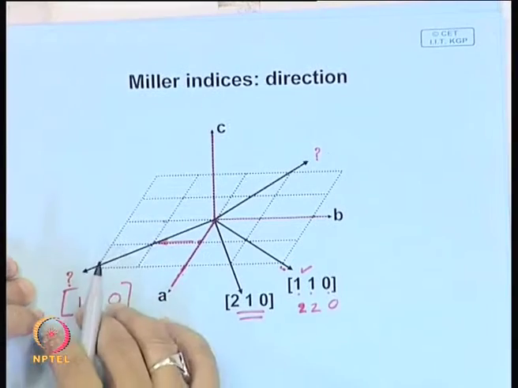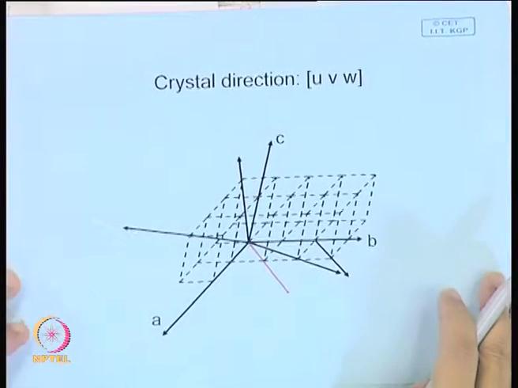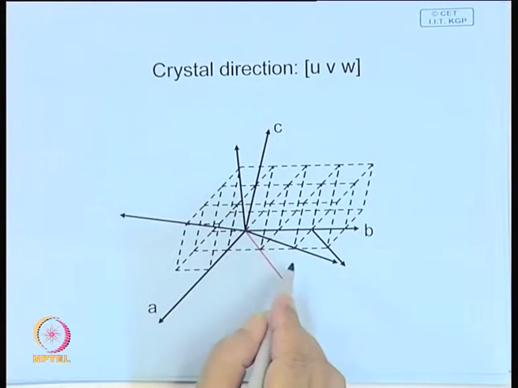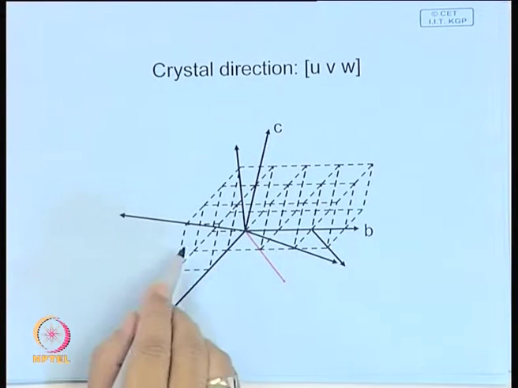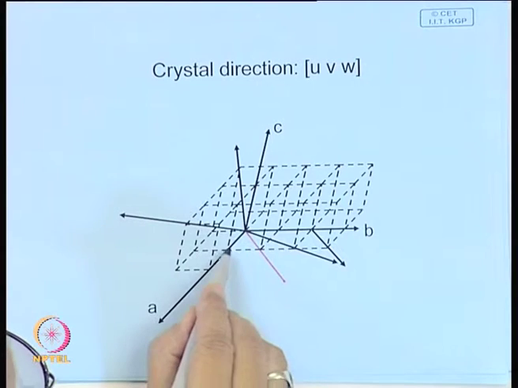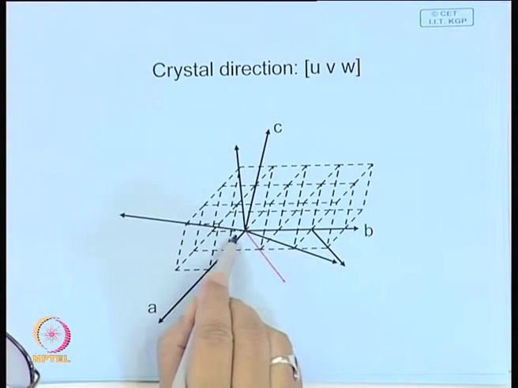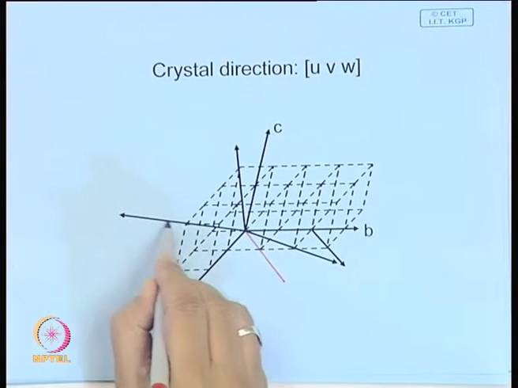But in a crystal, you will have arrangements in 3 dimensions, which is shown in the next figure. Here you take one particular case, say, what is this particular direction.